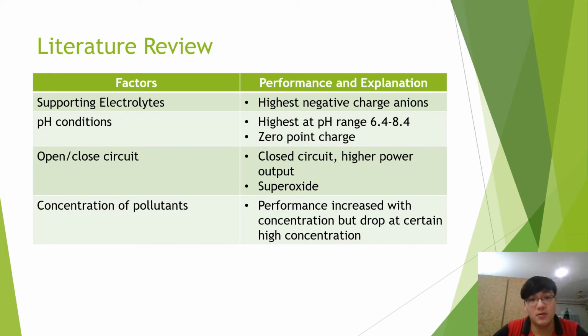The PFC shows the highest power output in the range of 6.4 to 8.4 due to the zero point charge of titanium dioxide. Next, a closed circuit PFC produces higher output because superoxide further oxidizes the organic compound in closed circuit conditions. Output power increases with the concentration of the pollutants until a certain concentration, then decreases.